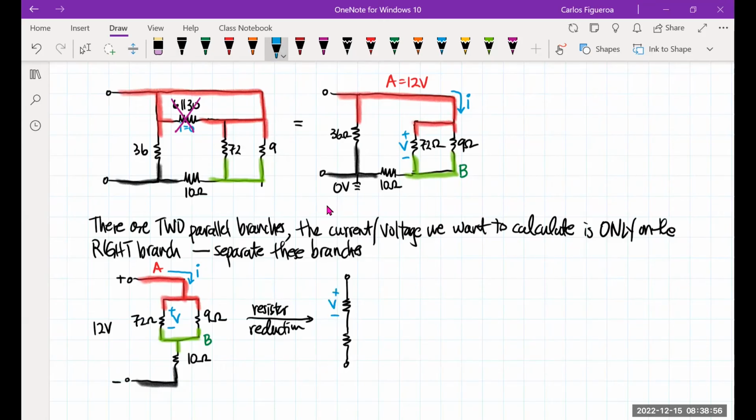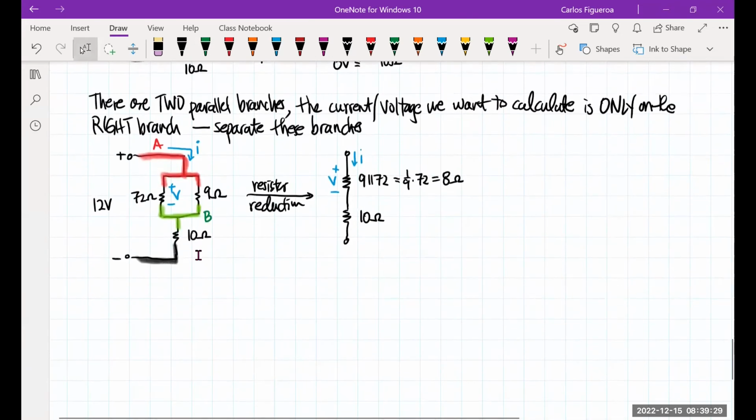Now note that because these two are in parallel, the voltage V is the same as the voltage of the 72 and the 9. And then I want this current I coming in right here. So here we go. This is going to be 9 parallel to 72, which is 9 times 72 over 9 plus 72. That gives me an 8 ohm. And then this guy is a 10 ohm resistor.